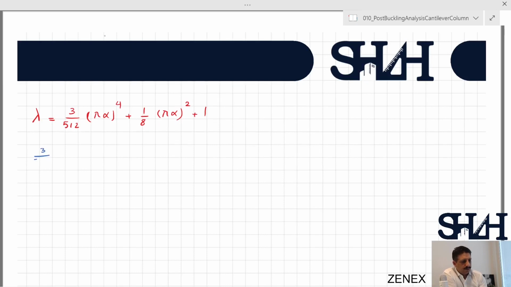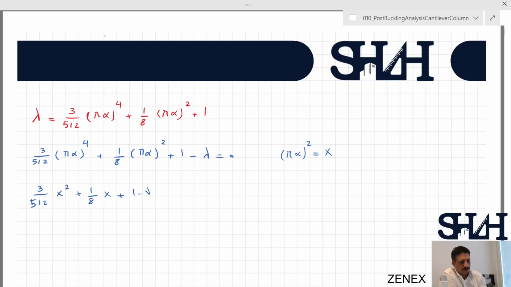So it will be 3 over 512 pi alpha powered by 4 plus 1 over 8 pi alpha powered by 2 plus 1 minus lambda equals 0. If pi alpha powered by 2 is x, then it will be 3 over 512 x2 plus 1 over 8 x plus 1 minus lambda. And this is a polynomial with the degree of 2.